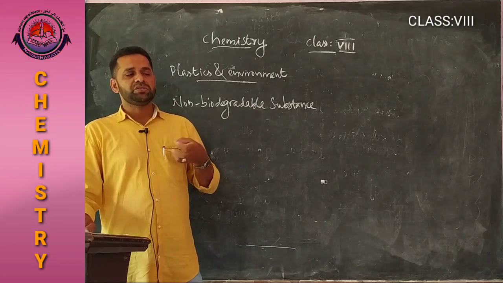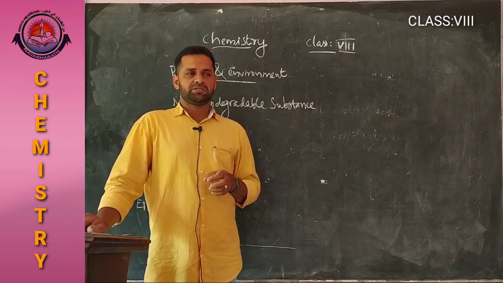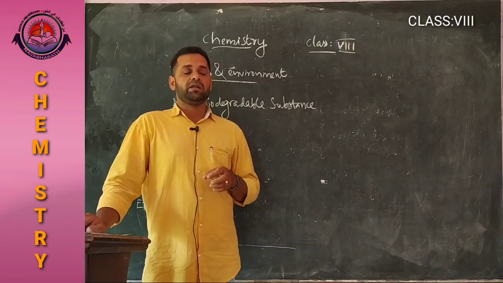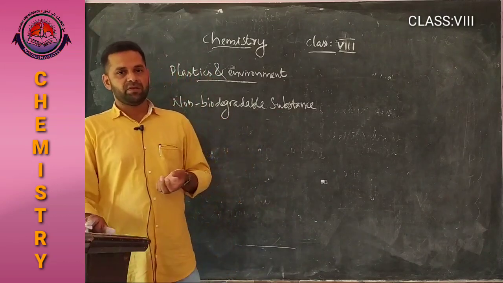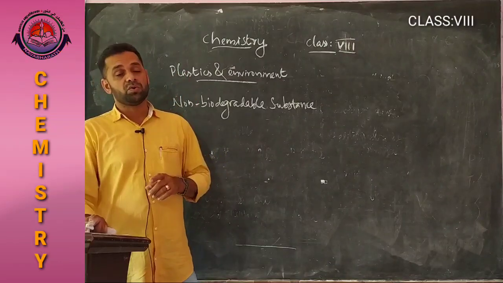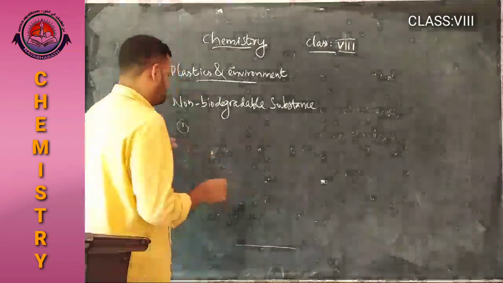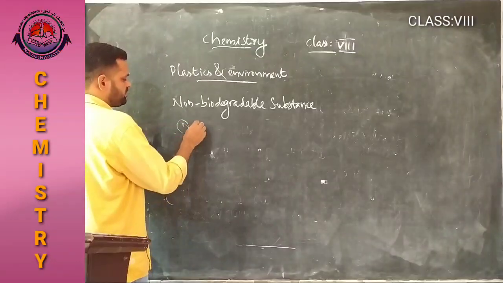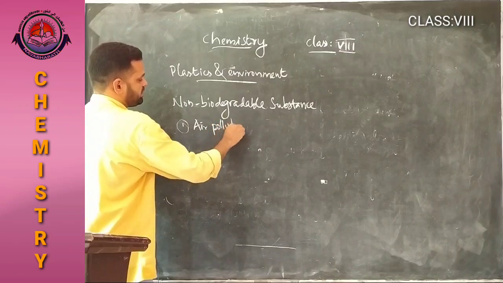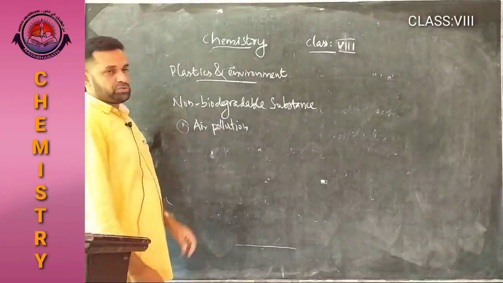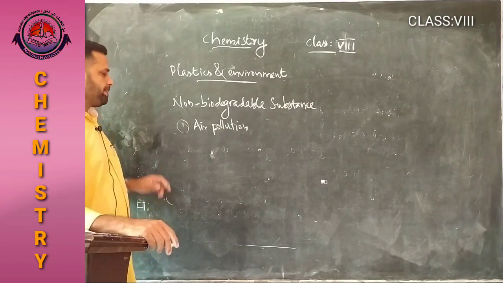When we continuously inhale this toxic gas, it may lead to carcinogenic diseases like cancer, and it may also cause ozone depletion. So on burning, what does it produce? Air pollution. Burning of plastics leads to air pollution.